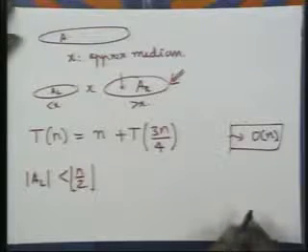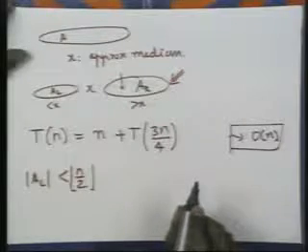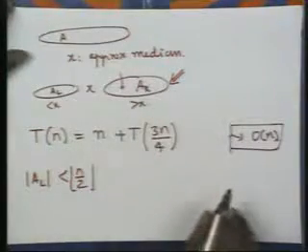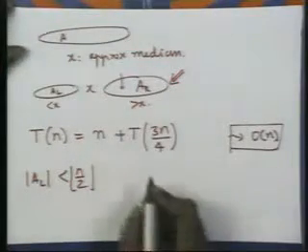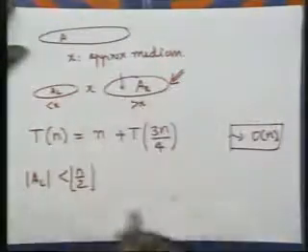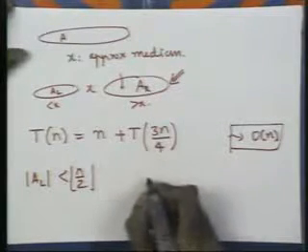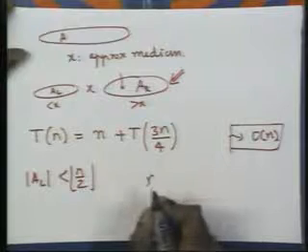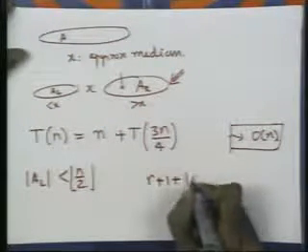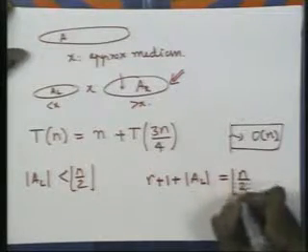Now what I want is the median of the entire array. What is its rank in A right? It is the element that I want. Supposing that rank is r, what I want is r plus 1 plus size of A left should be equal to n by 2.